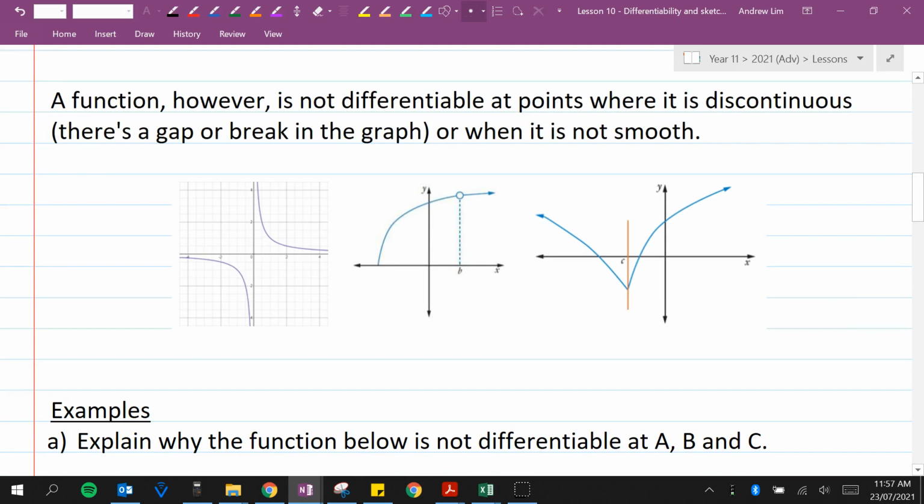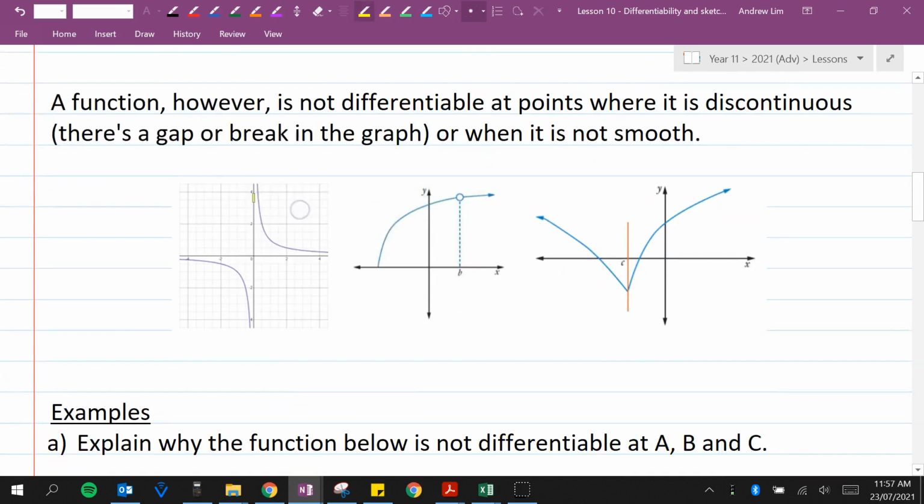So in the first two examples, we can see that it is not differentiable here at x equals 0 because it's discontinuous. In the second example, it's not differentiable at this point when x is equal to b because it's discontinuous. And in the last example, it's not differentiable at x equals c because it's not smooth.